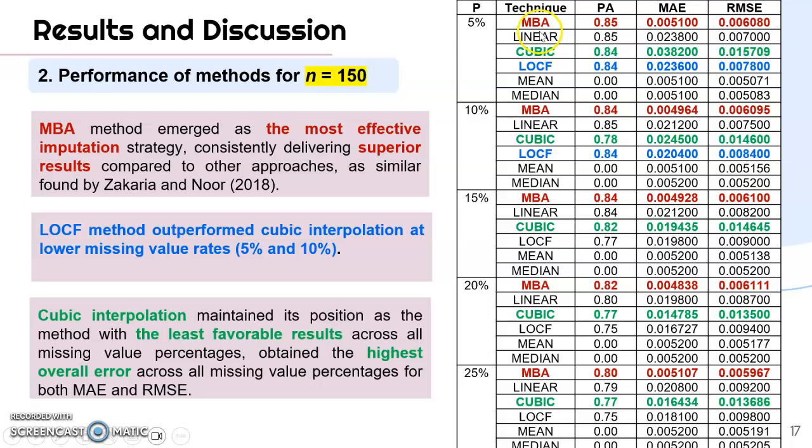The red one, and the LOCF, the blue one, outperformed the cubic interpolation at the lowest missing value rates, 5% and 10%. And cubic interpolation, the green one, maintained its position as the method with the least favorable result, with the highest overall error.